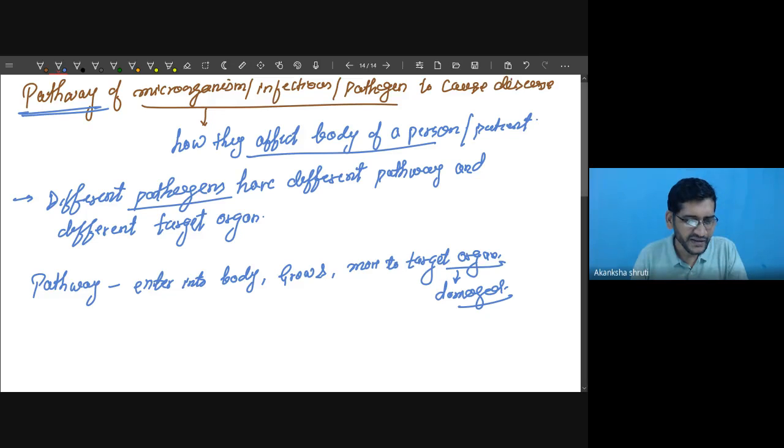Students, different organisms have different pathways. Even bacteria have a different pathway than the virus.